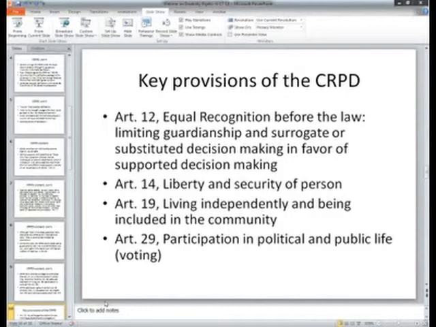But that provision in the third paragraph about support is a very important one because, as I'll come to in a minute, that provision has enabled people to argue that what individuals need who need assistance in making decisions or implementing decisions is not a substitute, but rather support.